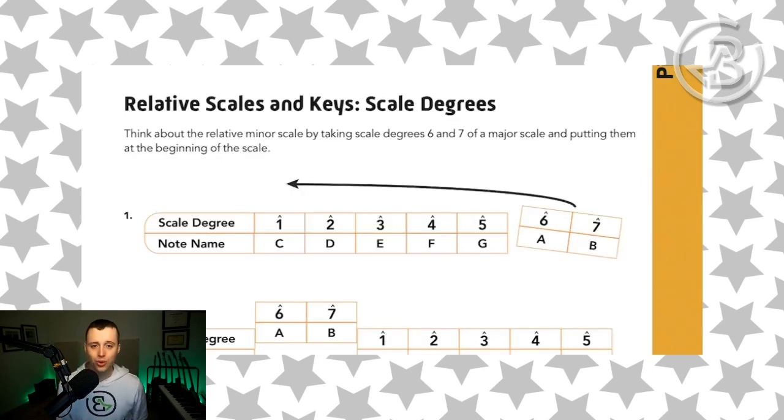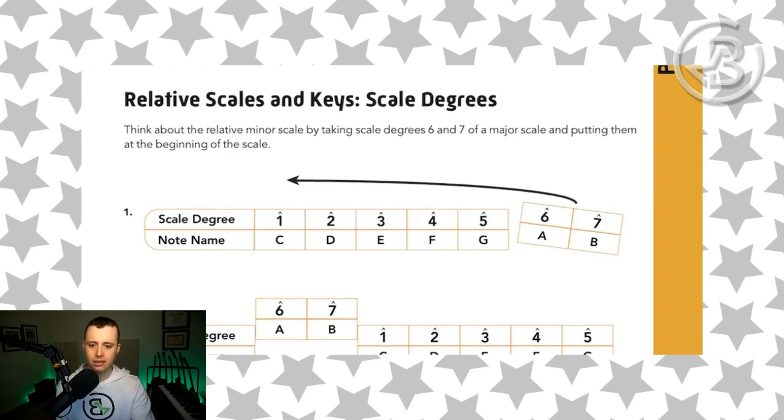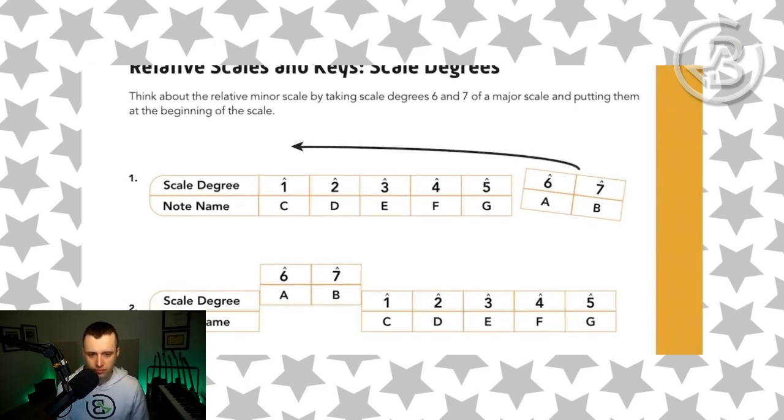In this lesson, we're going to look at relative major and minor scales in a different way, focusing this time on the scale degrees. So we can actually think about scale degrees and also the notes in the scale this way. So let's look at C major and A minor.